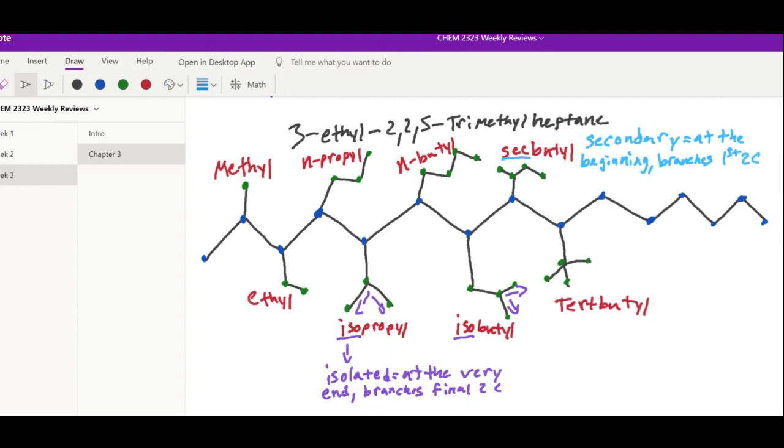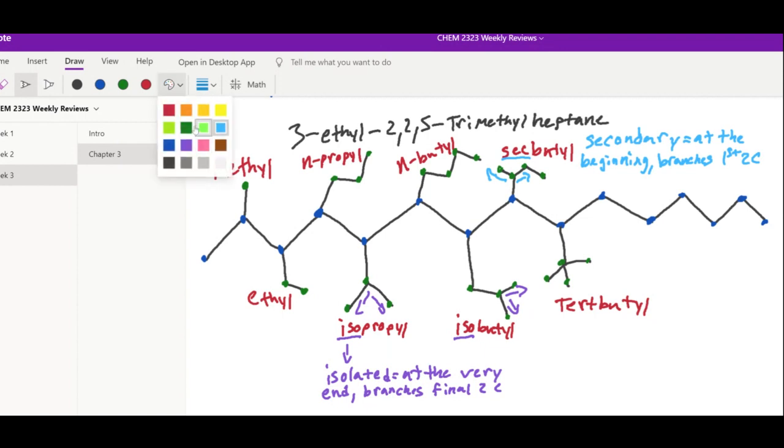Okay, so we have one direction going here and one direction going here, the rest of the molecule going that way. So very similar to iso, but it's at the beginning.